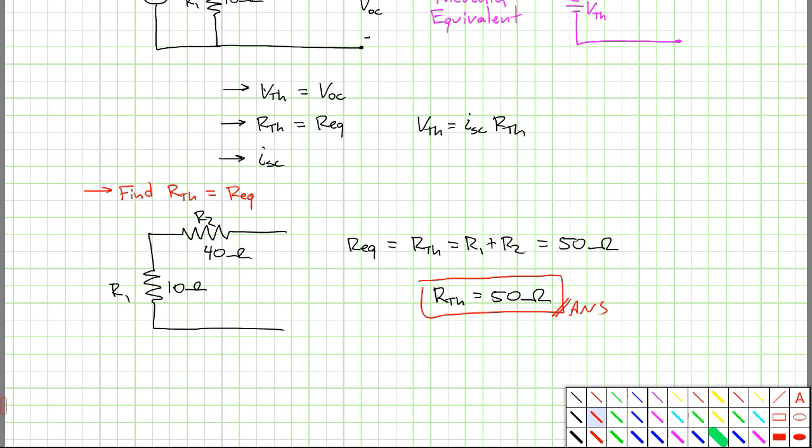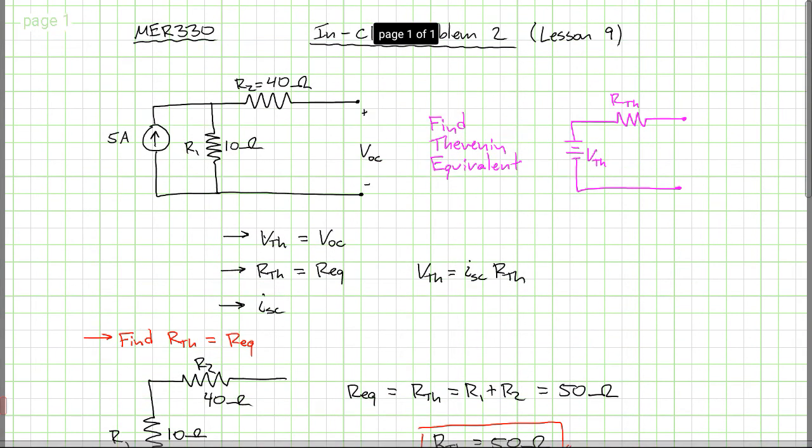Alright, so let's go back to the beginning, to the original circuit. Every time that you're done and you need to go to the next one, you have to go back to the original circuit and decide what you want to do next. So the question here is, what's easiest? Is it easier to just find the voltage across these 2, or is it easier to short these 2 with a wire and figure out what current wants to flow through?